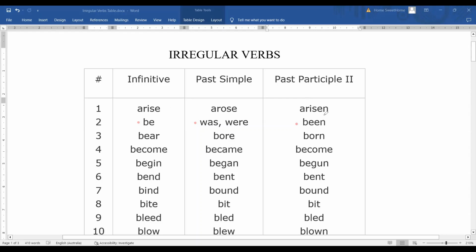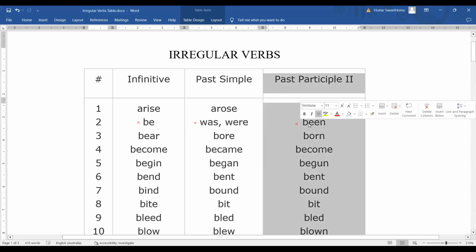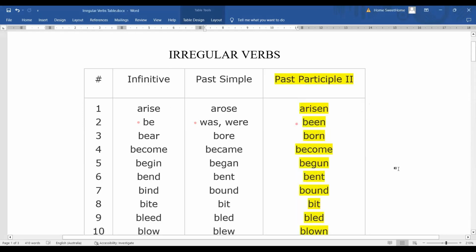For our present perfect tense, we need this column number 3, which is past participle, and all of the verbs here we use in present perfect.